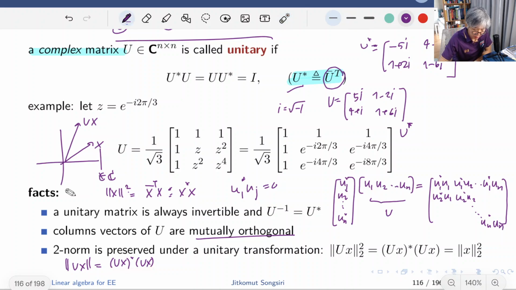You can see that's going to be x star U star U x, but U star U is the identity matrix. So the image under the transformation U has the same norm as the original vector. The two norm is preserved under a unitary transformation. This is the property of U.